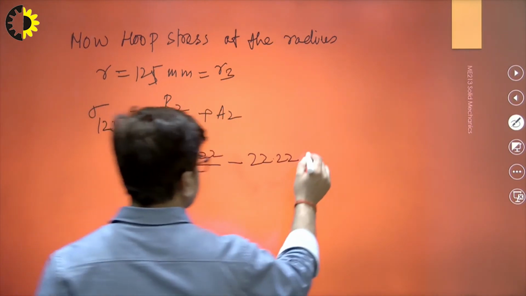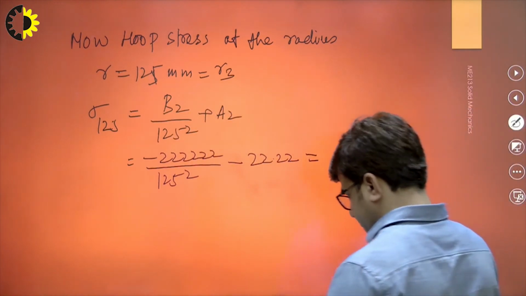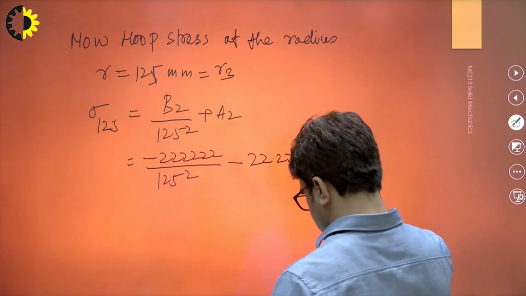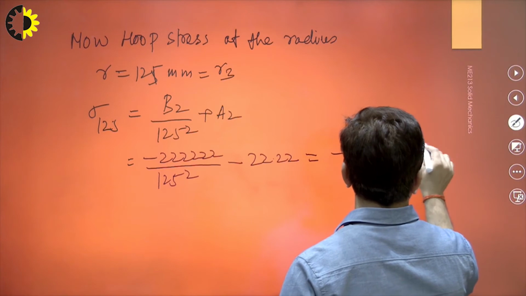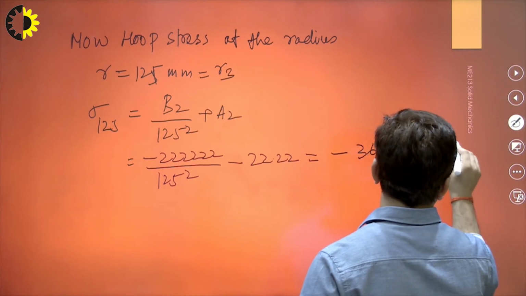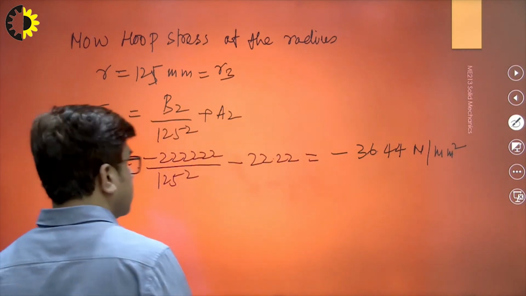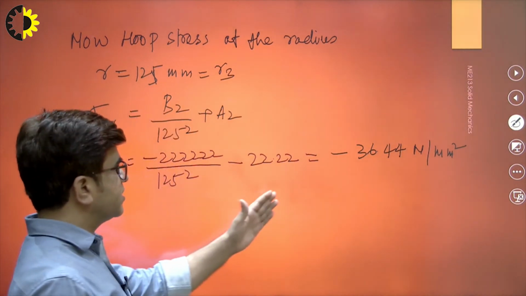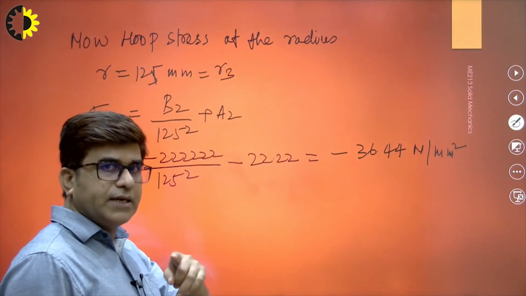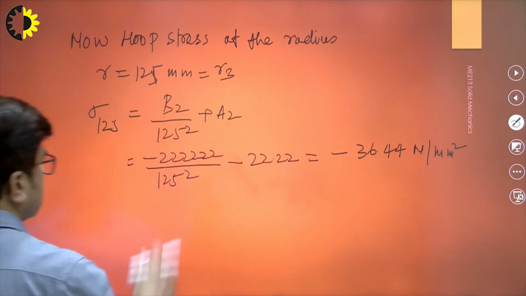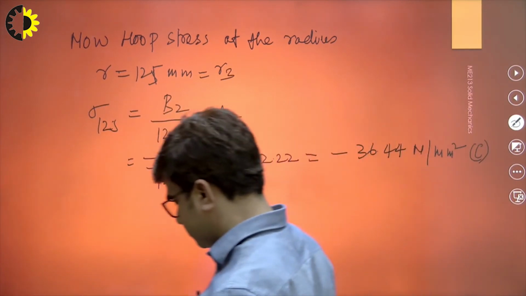On solving, this comes out as minus 36.44 Newton per mm square. Okay, so this is the value of hoop stress at the junction for the inner tube, and this is compressive in nature. C for compressive.